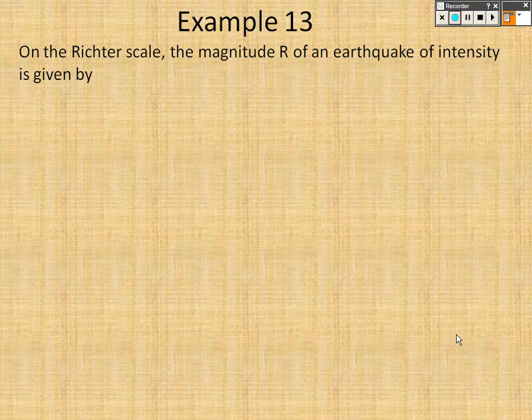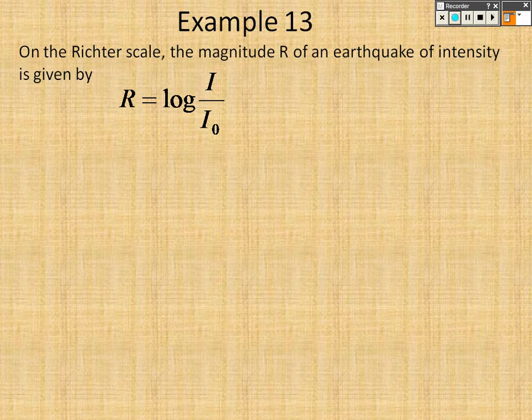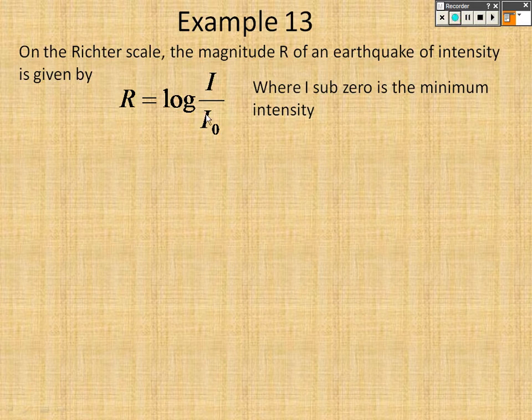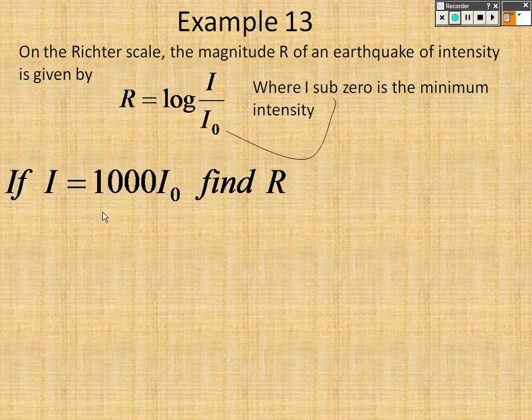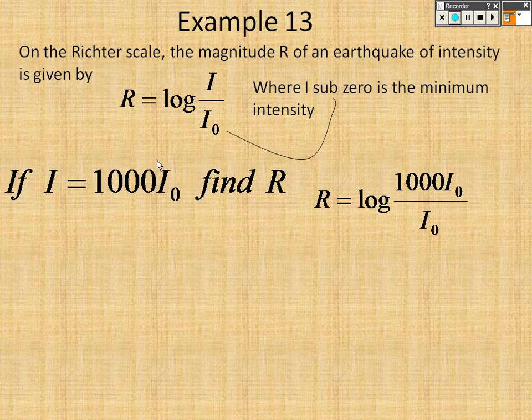So on a Richter scale, the magnitude R of an earthquake of intensity I is given by this equation right here. Where I sub 0, which is this, is the minimum intensity. If I equals 1000 I sub 0, find R. So basically I'm going to take this and plug it in there.